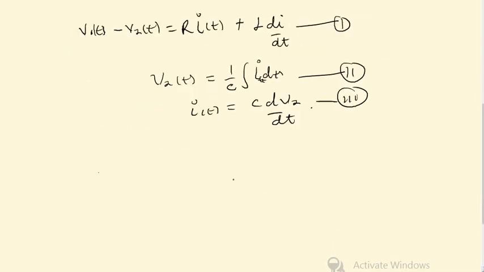So we are going to take equation 3. Since we are to find the relationship between v1 and v2, we are going to substitute this I. We have I in terms of C dv2/dt, so we are going to put equation 3 in equation 1.